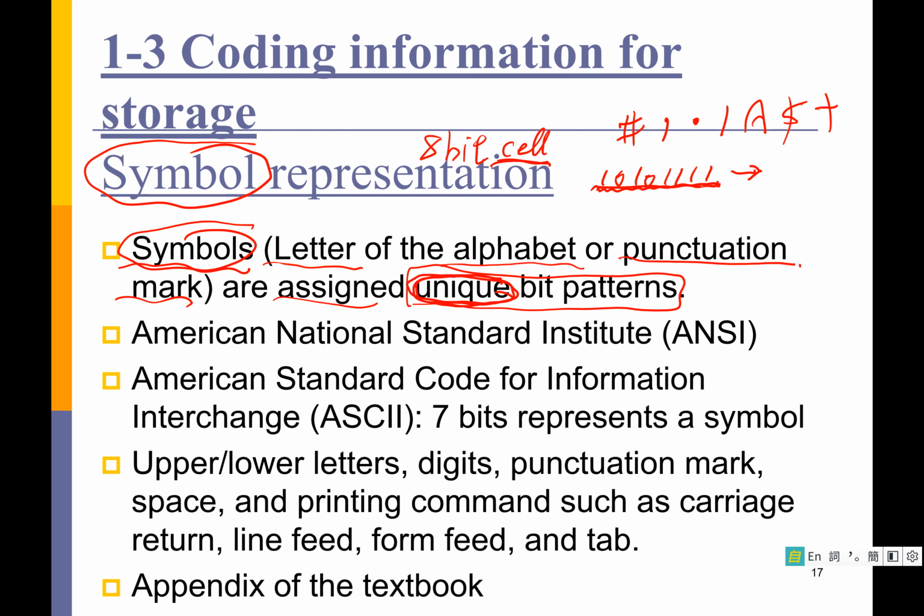The value of this 8-bit pattern is 1010111 to represent an English letter, capital English letter A. Now, not using A this time. It's capital letter T. Now, using this symbol 1111001 to also represent capital T, okay, which is not good.